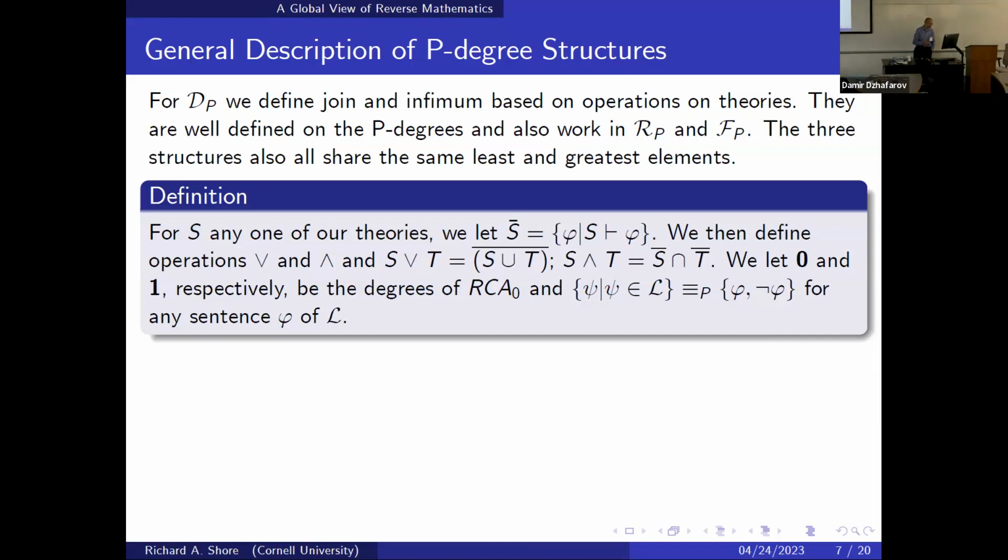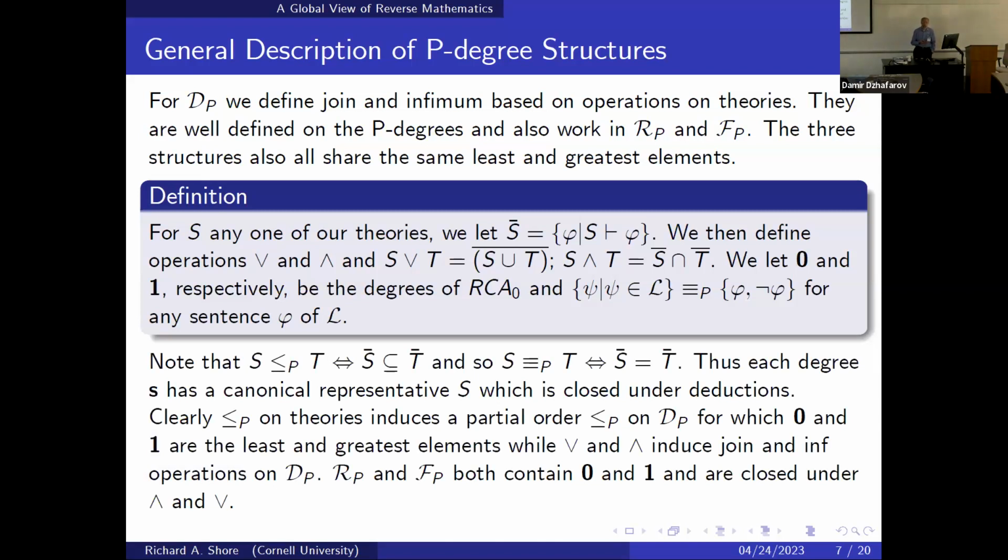But that's the obvious natural move, and that gives you a sup and an inf. And there's a 0 and a 1. The 0 is RCA naught, and 1 is a contradiction. That's bigger than every theory. Every consistent theory is provable from a contradiction.